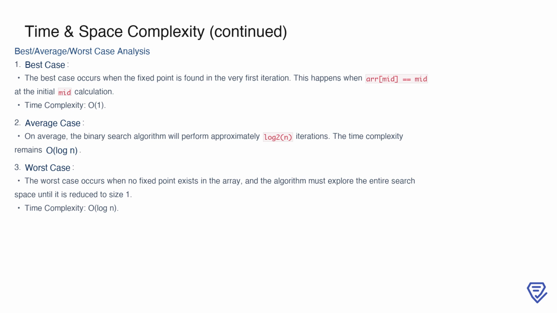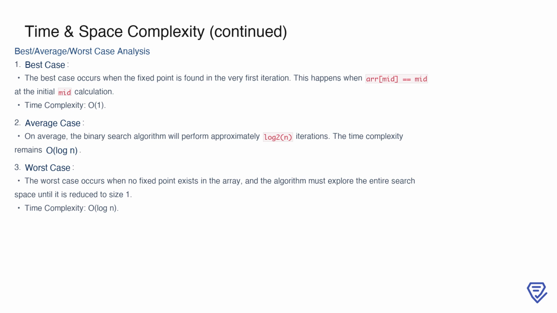When analyzing the best, average, and worst cases, we notice different scenarios for how the binary search performs. In the best case, the fixed point is found immediately during the first calculation of mid. This results in a time complexity of O(1), because no further iterations are needed. On average, the algorithm performs approximately log2(n) iterations, as the search space is halved repeatedly until the fixed point is found or the search space is reduced to size 1.